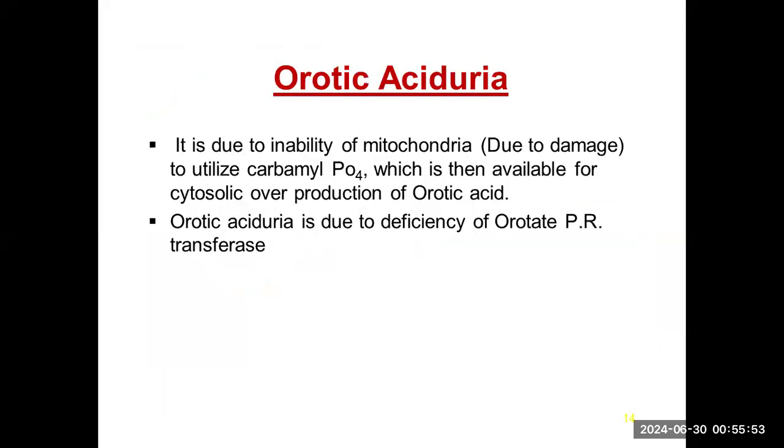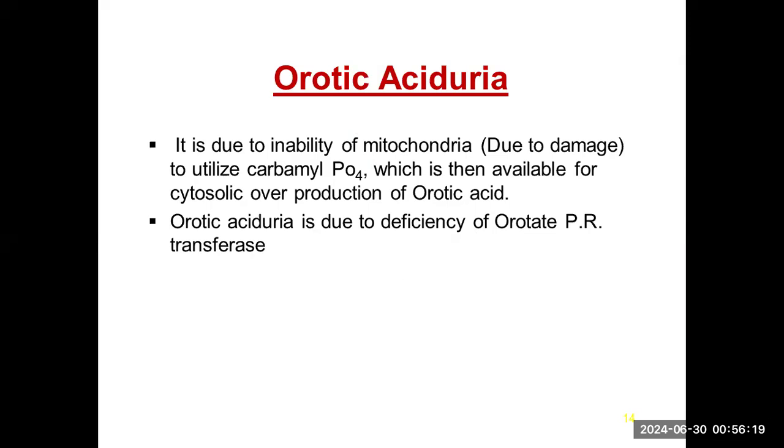Orotic aciduria, as we have discussed earlier, is due to damage to mitochondria and inability to utilize carbamoyl phosphate. Recall, carbamoyl phosphate is synthesized at 2 different locations of the cell. One is in mitochondria for the urea cycle, and the other is cytosol for pyrimidine synthesis.